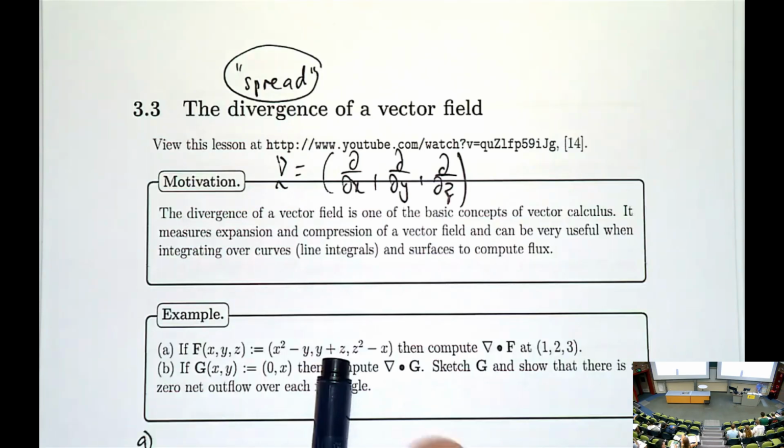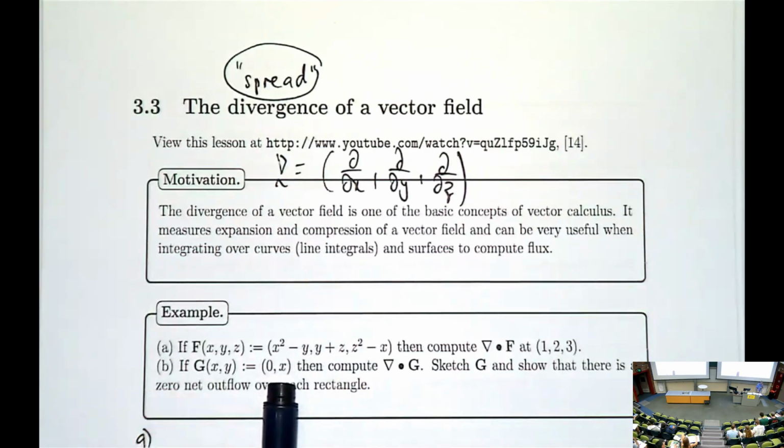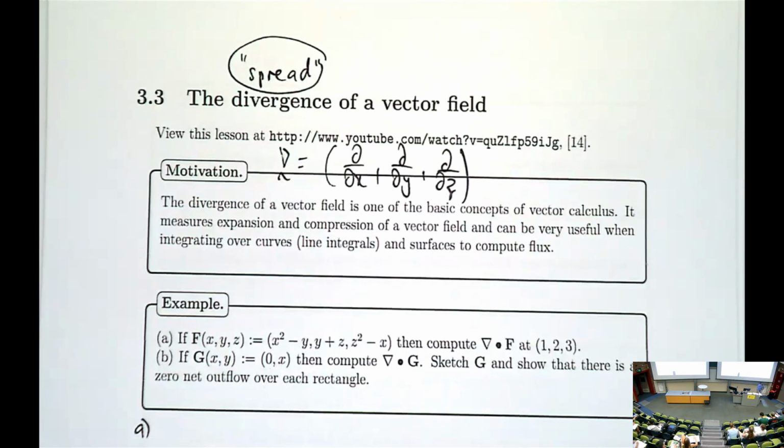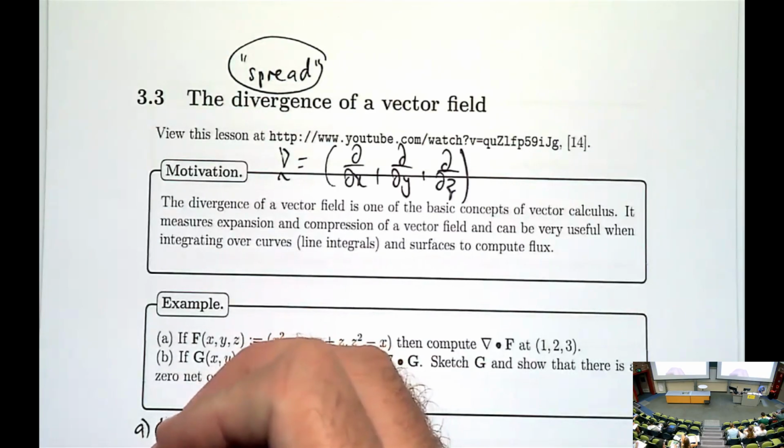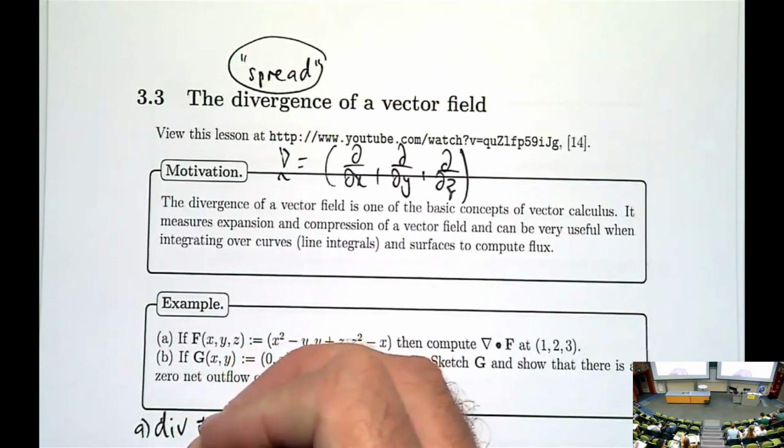Same with this one, this g. The g here would be 0i plus xj, where i and j are the unit vectors. So if you vary x, your j vector is going to vary as well. All right. Let's have a look. We use two kinds of notation.